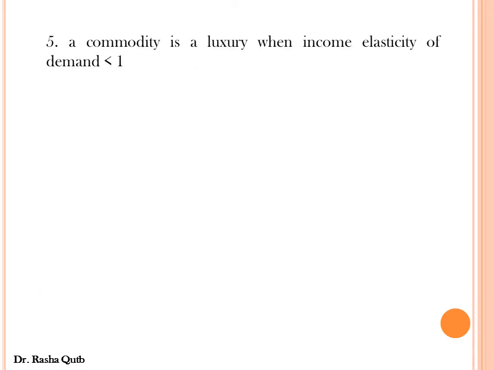Number 5, a commodity is a luxury when income elasticity of demand is less than 1. This sentence is false. Why? Because a commodity is said to be luxury when income elasticity of demand is greater than 1. In this case, as income increases, the demand for commodity increases by larger percentage than the increase in the income, and the demand curve will shift outwards.